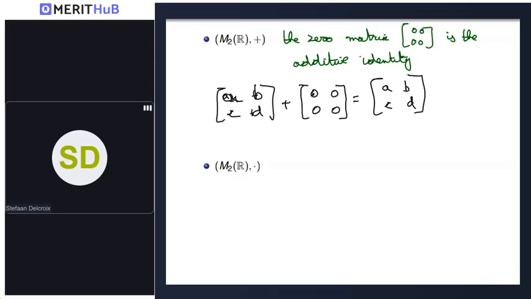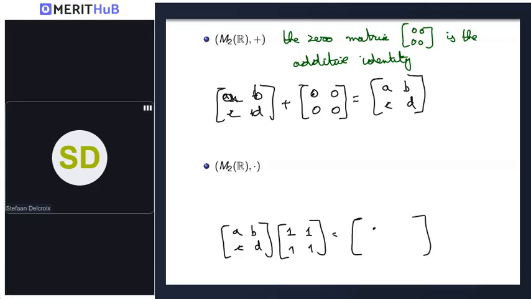How about under multiplication? Is there a matrix out there when we multiply by it, it doesn't do anything? Let's check it. A, B, C, D times 1, 1, 1, 1. What is the entry in the first row, first column?